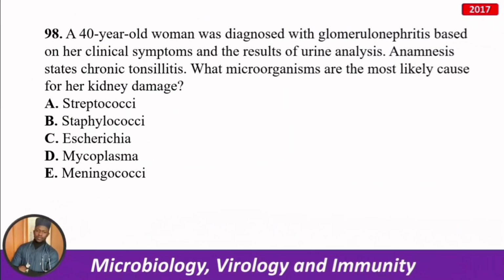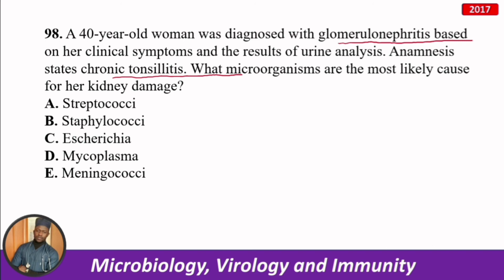A 40-year-old woman was diagnosed with glomerulonephritis based on her clinical symptoms and the results of urine analysis. Anamnesis notes chronic tonsillitis. What microorganism is this?